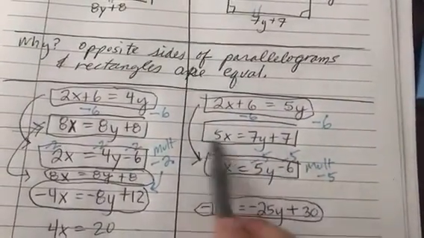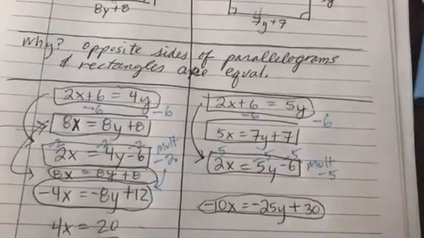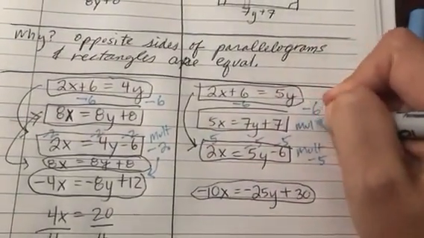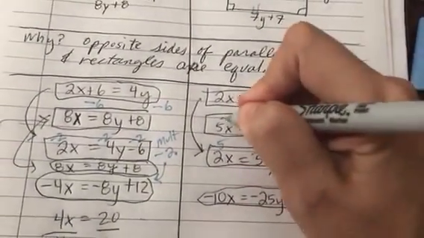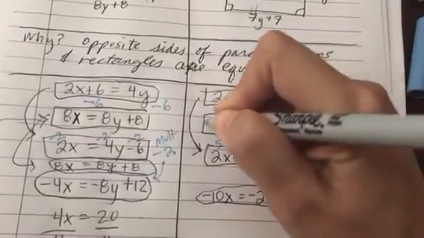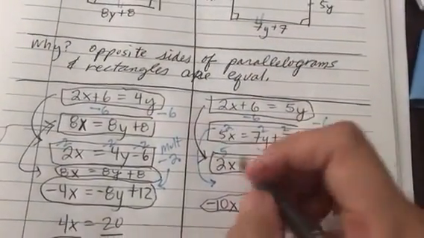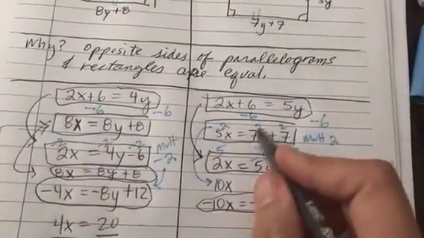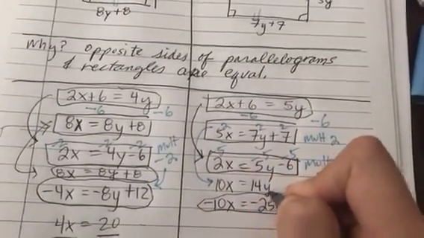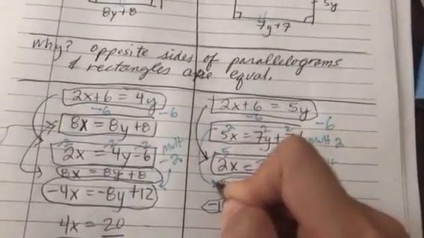But now this one, I need to make that 10x. So I'm going to have to multiply by positive 2 in each number, and then rewrite that down here. So that falls right into my plan because now this is 10x, this is 14y, and that's 14. Okay.